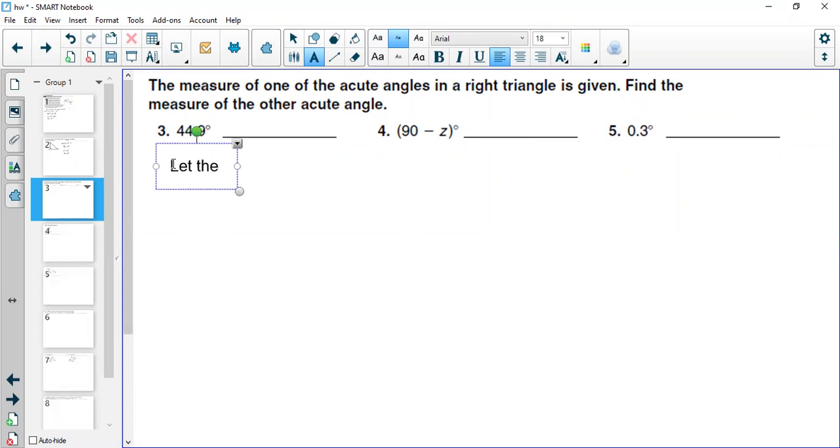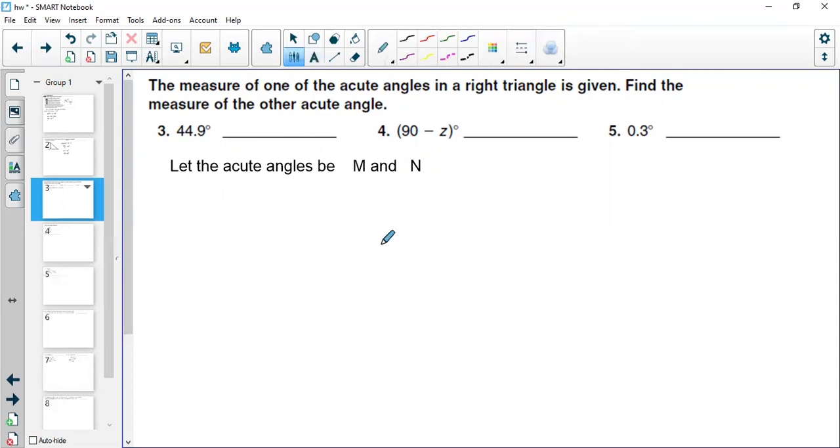Let the acute angles be... you can say any letter you want to, not particularly any. So let me keep it as angle M and angle N. The next step is to say that angle M plus angle N equals 90 degrees.